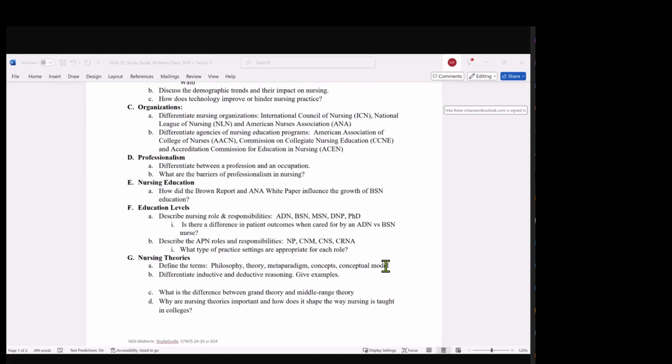Remember, there are four, and it talks about this. There are four APN roles: a nurse practitioner, a clinical nurse specialist, a clinical nurse midwife, and a CRNA. So what responsibilities do they have? If I were to say I'm a CRNA, what would I be doing? What is my role and responsibility?